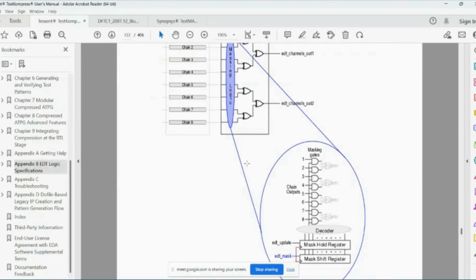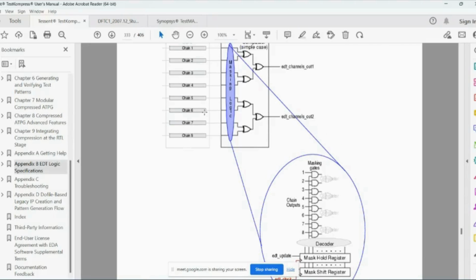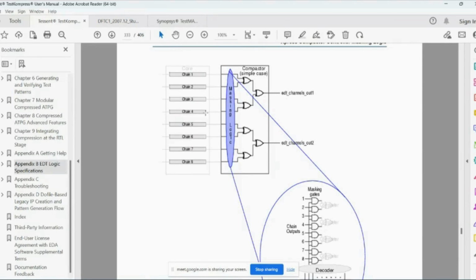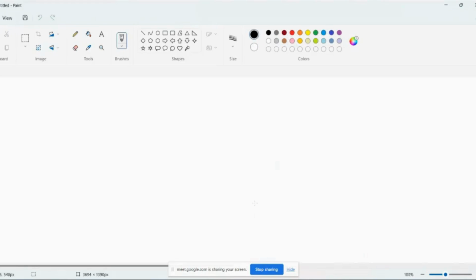So masking logic is AND gates. Why do you need masking logic first? The concept of masking logic is that, let me take an example.